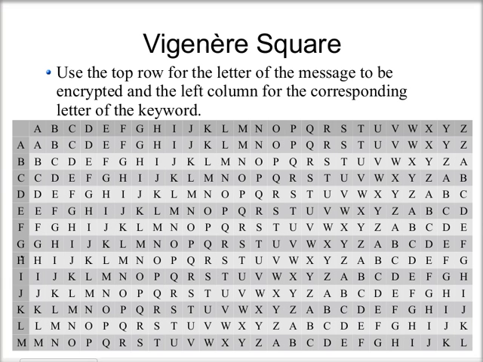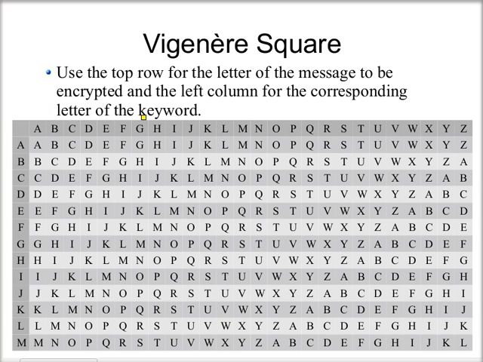An easier way to encrypt something with the Vigenère cipher is to use the Vigenère square. This way you don't have to do all that arithmetic. If I want to encrypt a message, I take the letter of the message to be encrypted and find that in the top row, and then find the letter of the keyword I'm using in the left column. Where those intersect, I'll find what my encrypted letter should be.